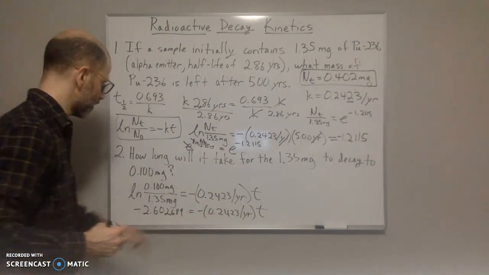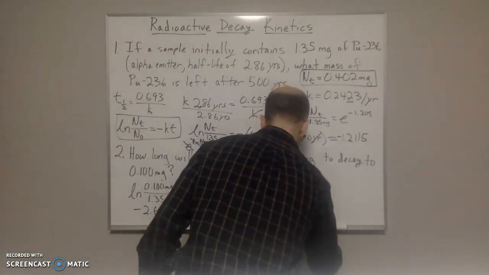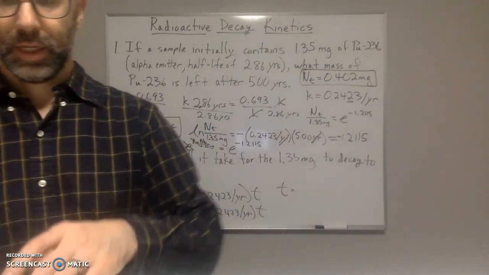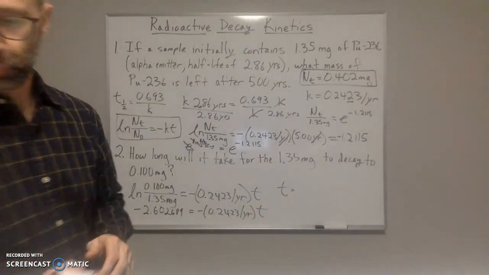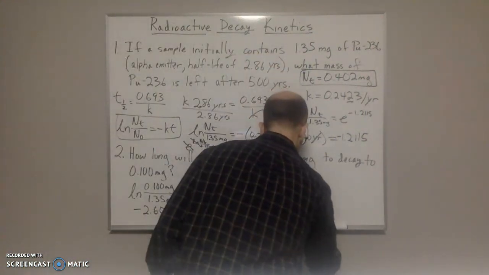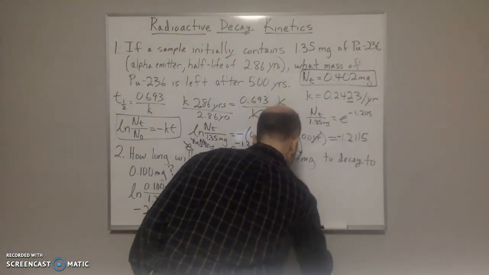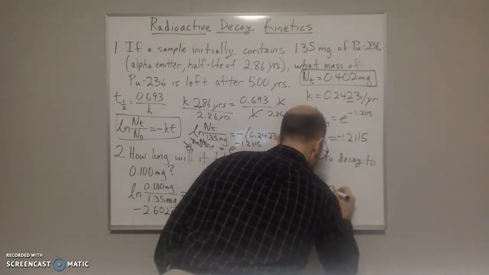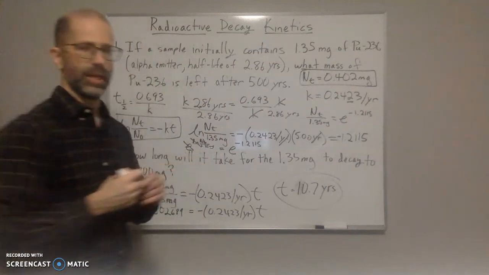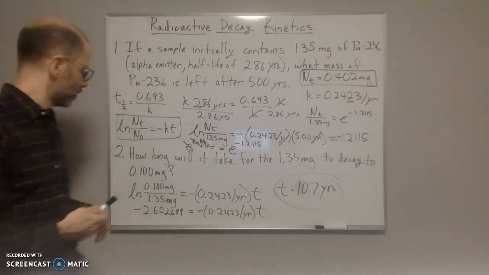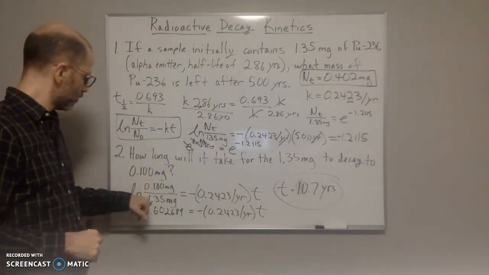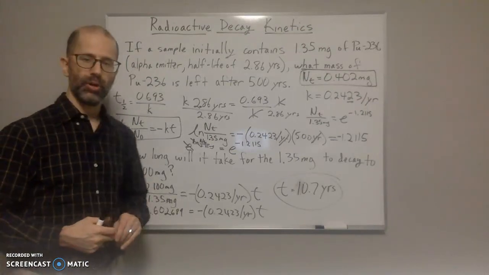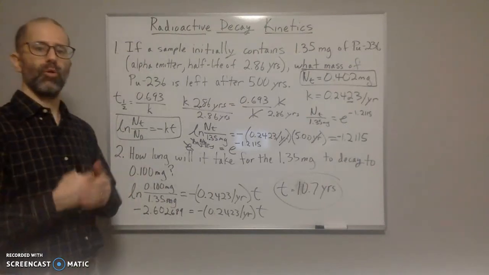I divide both sides to get t, and when I do that, I get 10.7 years. So it'll take 10.7 years for this to decay to 0.100 milligrams.